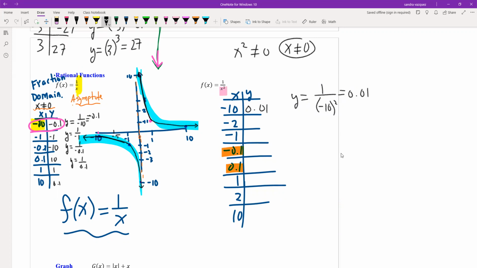Okay, plug in the next one. y is equal to 1 over negative 2 squared, and that will be equal to 0.25.